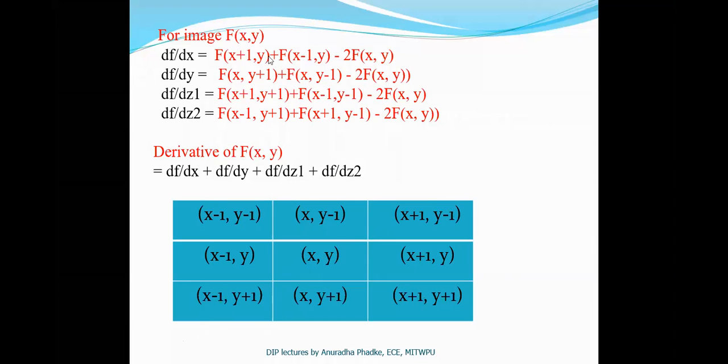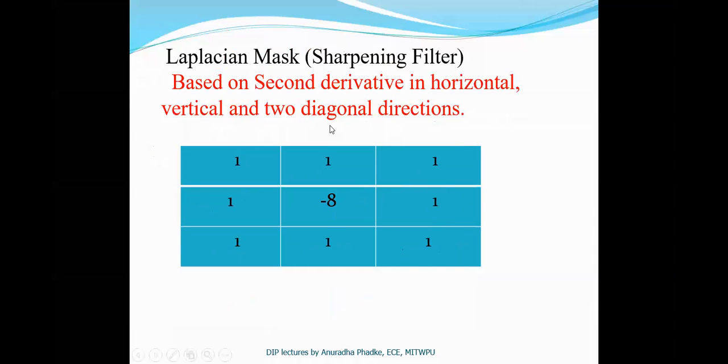When we add all these terms, we get this particular mask. The central coefficient is -8 and it is surrounded by all ones. This is also an example of a Laplacian mask because these coefficients were derived by a second derivative operation.